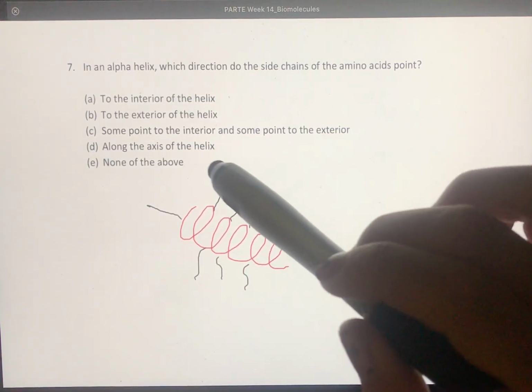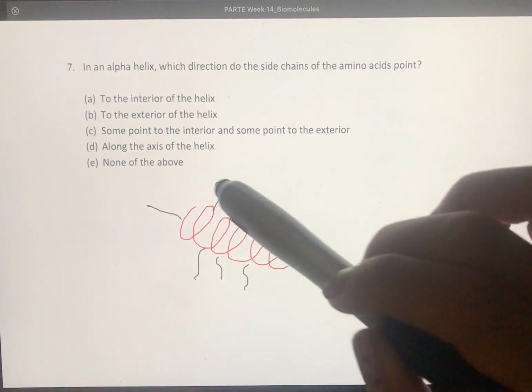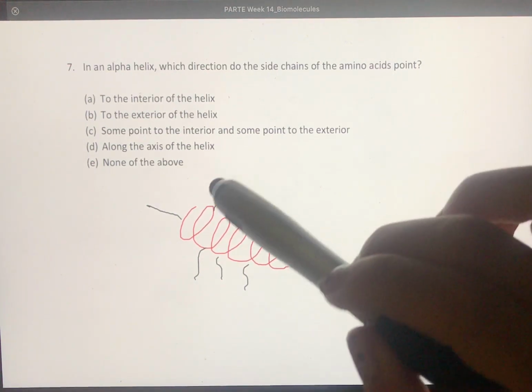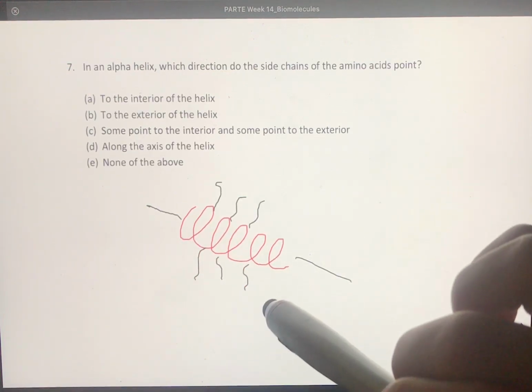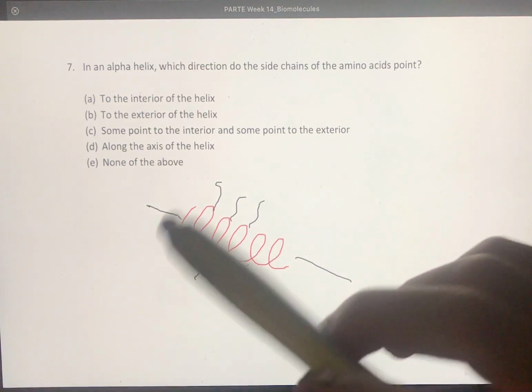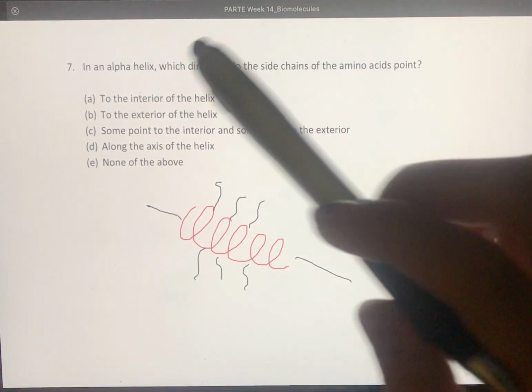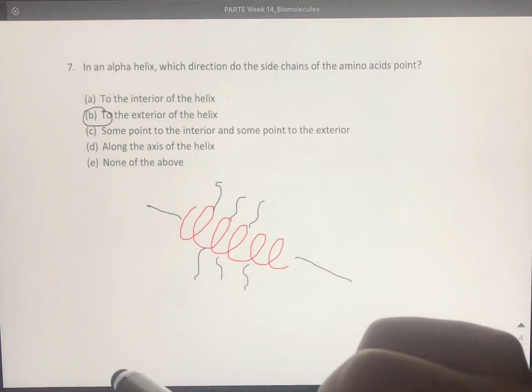So the side chains of amino acids which are on the nonpolar side will probably be nonpolar amino acids, and then on this other side they will probably be the polar amino acids. So the answer to this one is going to be on the exterior of the helix.